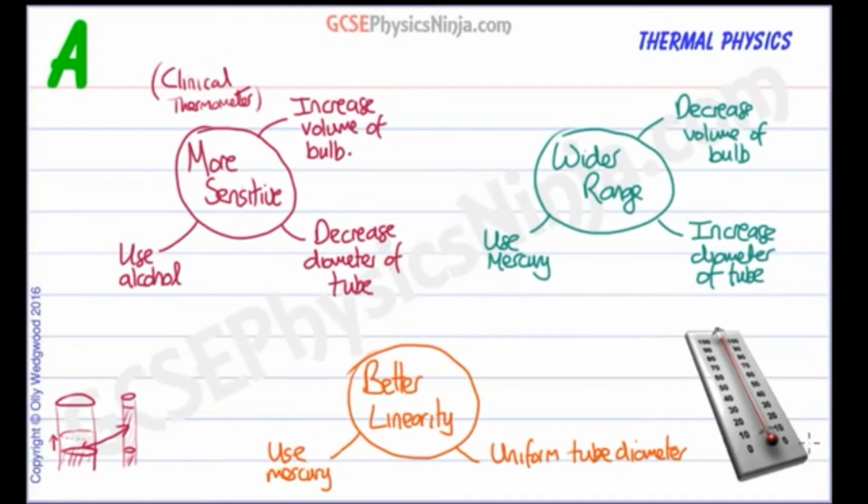It's also worth mentioning that if you have thicker glass walls in this bulb and tube, then thermal energy will take longer to reach the liquid. So it will take longer to heat the liquid up, and so its response time will be much slower. So you really want sort of thin walled thermometers to have a quick response time.